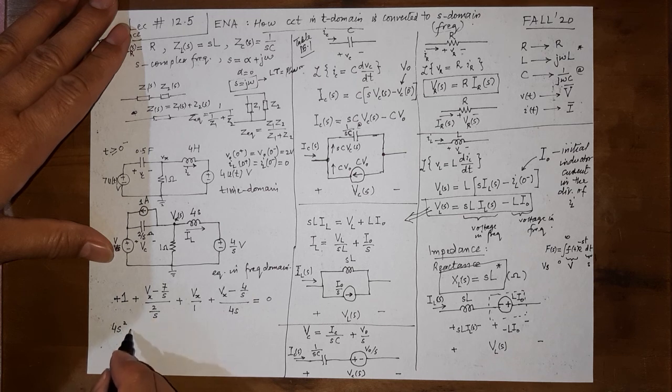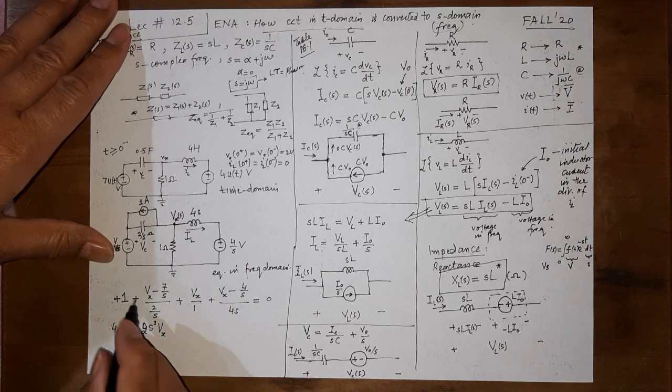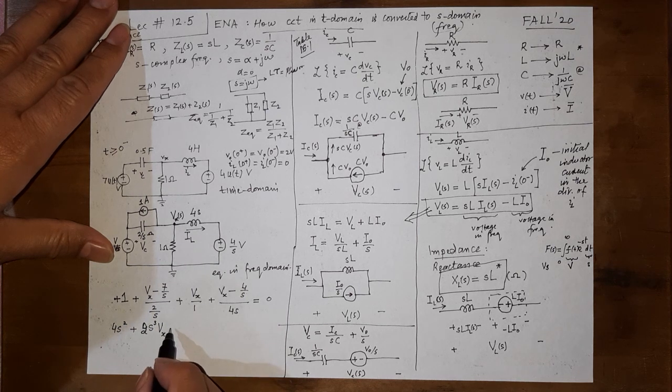And here we are going to have S here, 4S cube by 2. So 2 is going to cancel out, 2S cube Vx, and 4S square by 2 minus 14S.